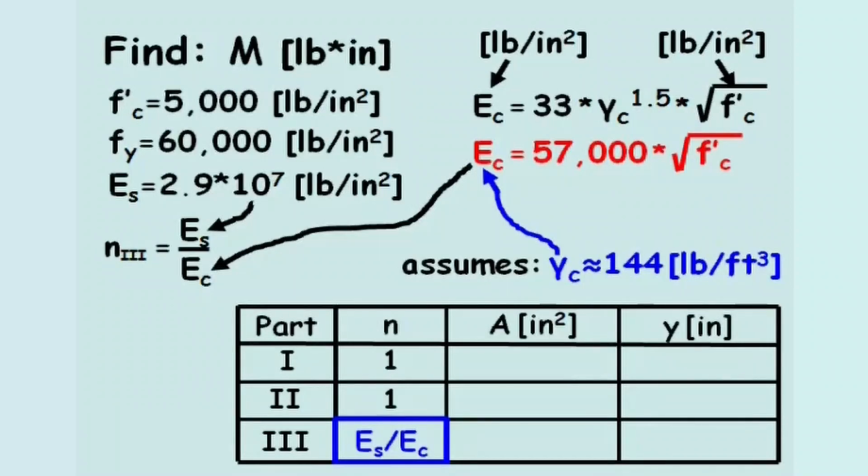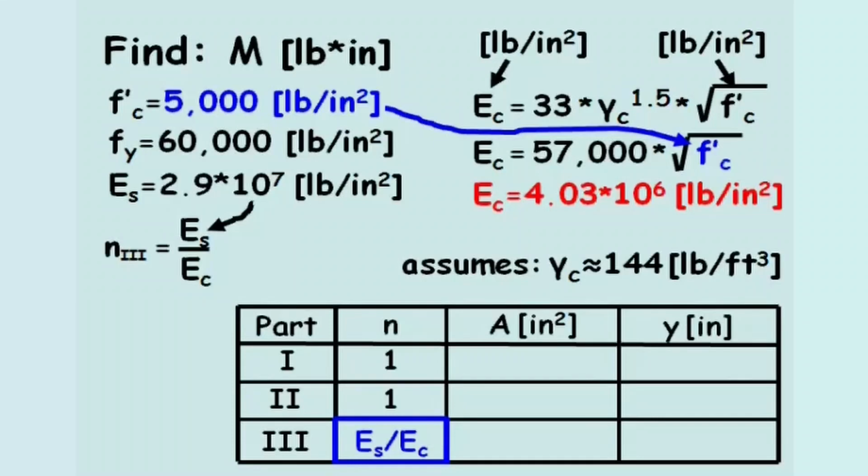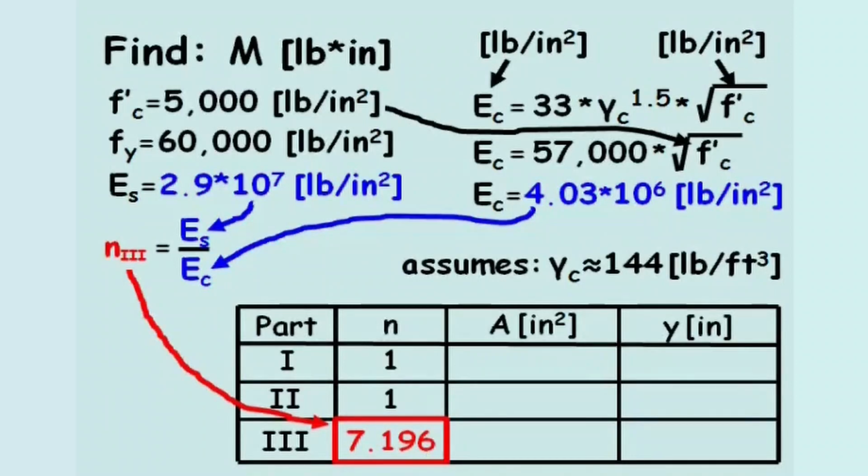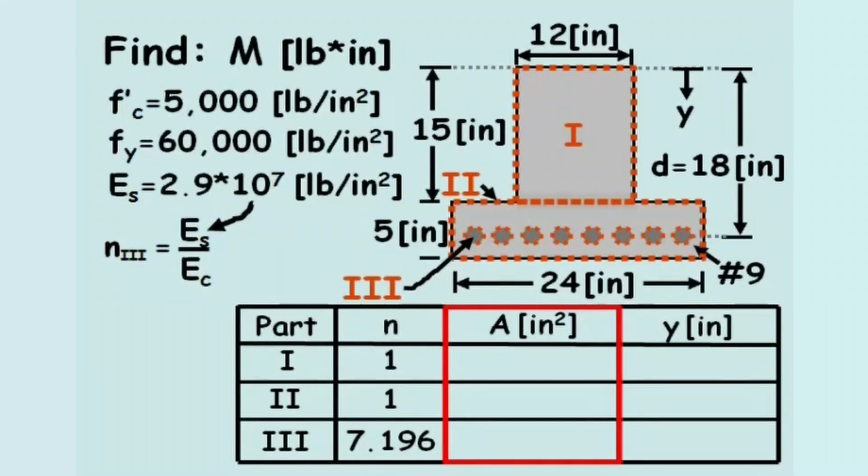After plugging in the unit weight of concrete, the modulus of elasticity of the concrete equals 4.03 times 10 to the 6th pounds per inch squared. This makes the stiffness ratio for part 3 equal to 7.196. Next, we can compute the area for each of the 3 parts.